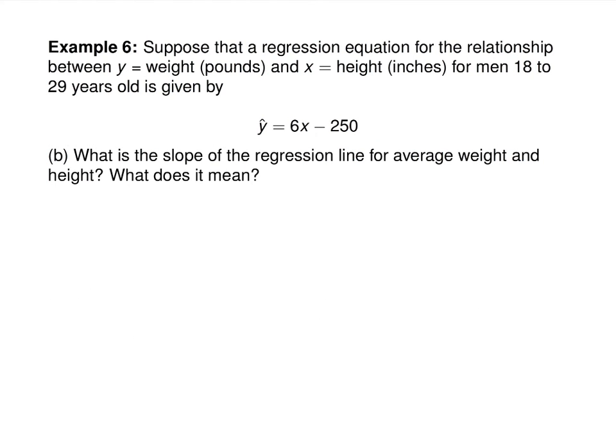What is the slope of the regression line for average weight and height, and what does it mean? So first of all, slope is with the x, so the slope is 6. Everyone should know that much. Also, remember that slope comes from this equation, y2 minus y1 over x2 minus x1, which I'm going to call capital delta y over capital delta x for change in y over change in x.